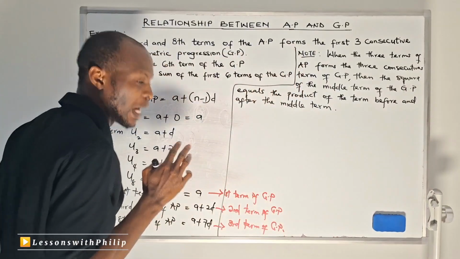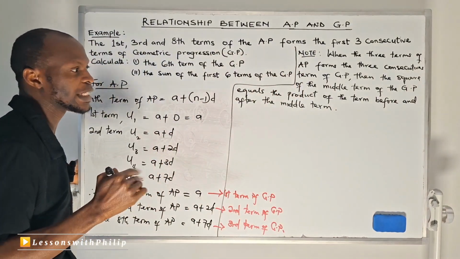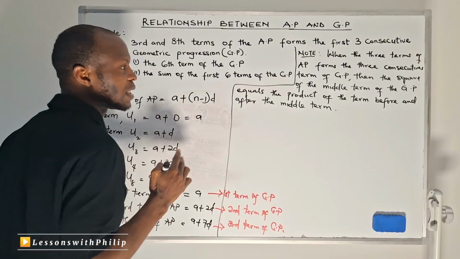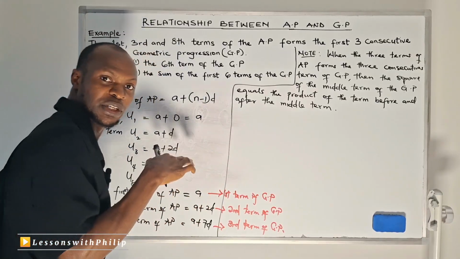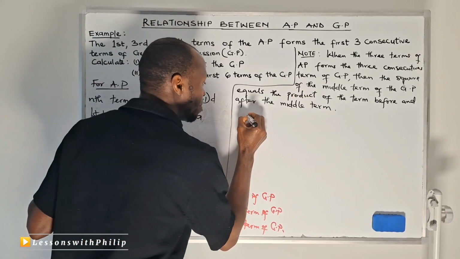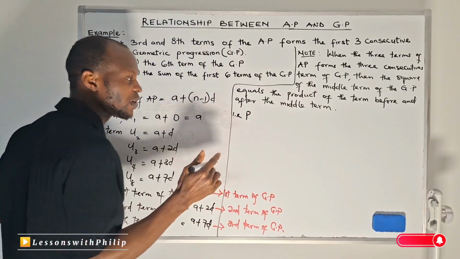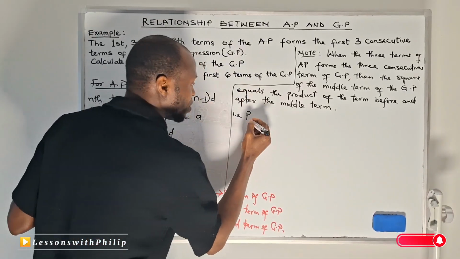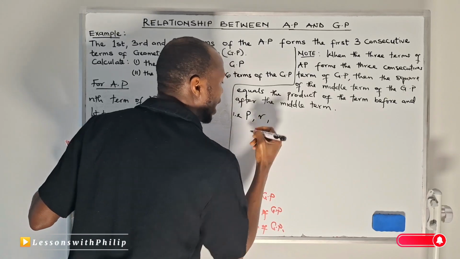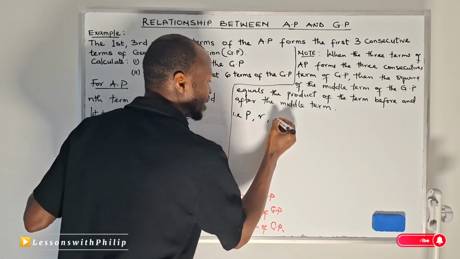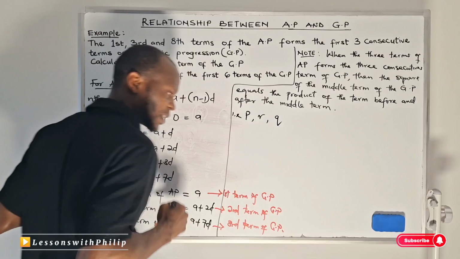Now, what we're trying to say is, assuming the consecutive terms of that GP are P, R, and give me another letter, let's say Q, for example.